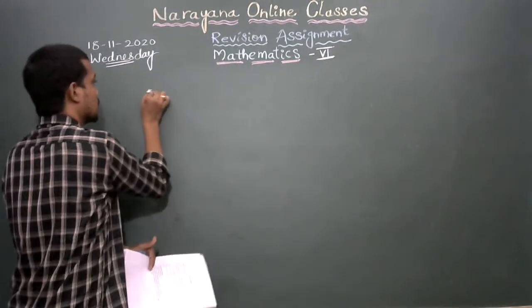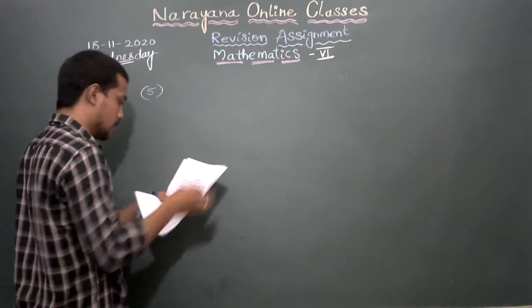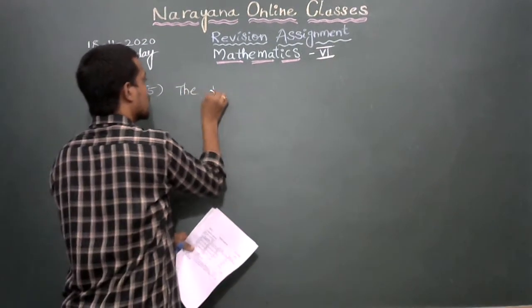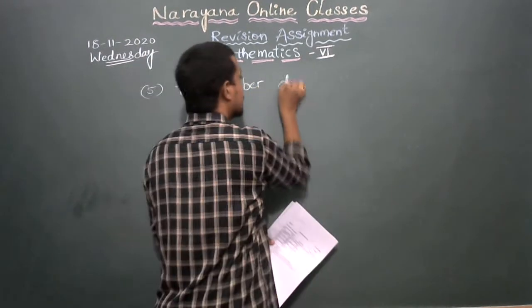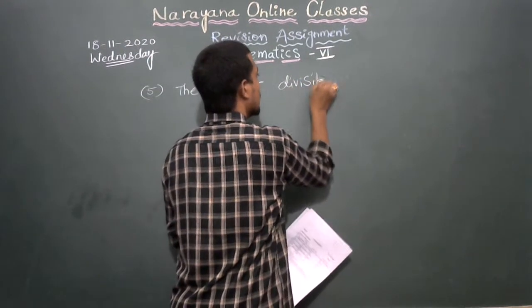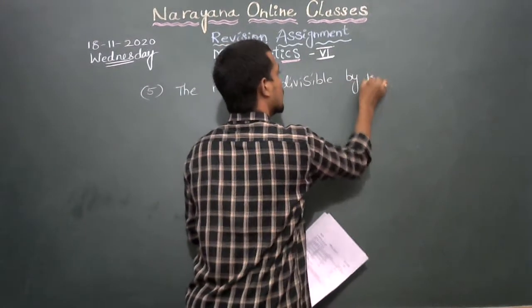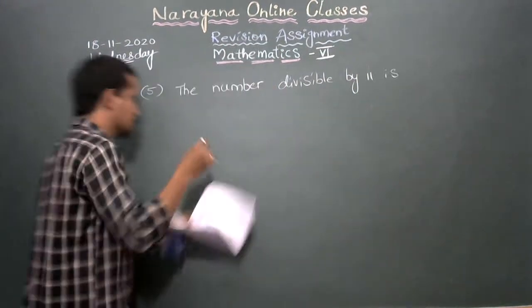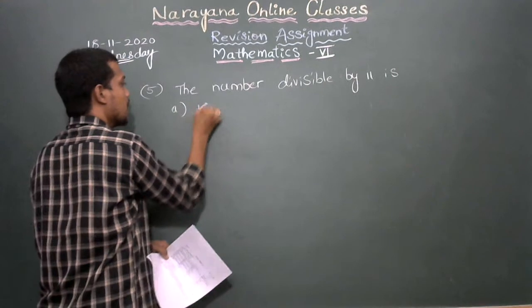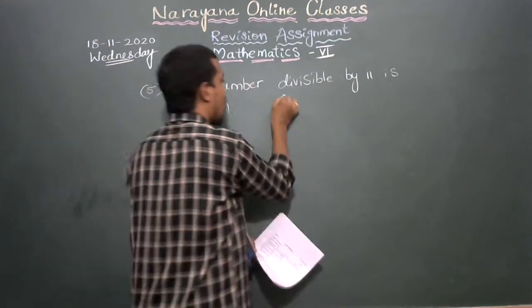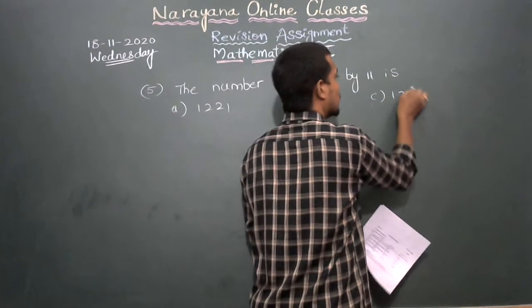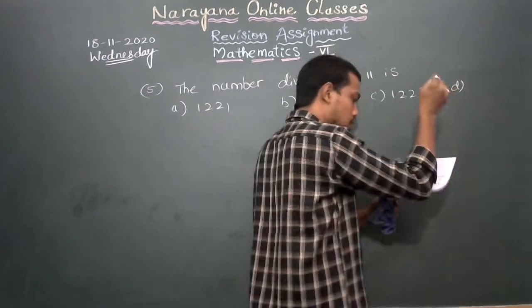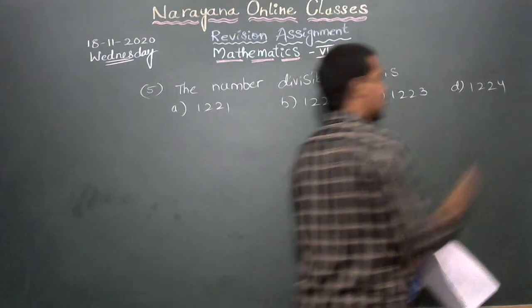Now fifth question. The number divisible by 11 is? Option A, 1221; option B, 1222; option C, 1223; option D, 1224.